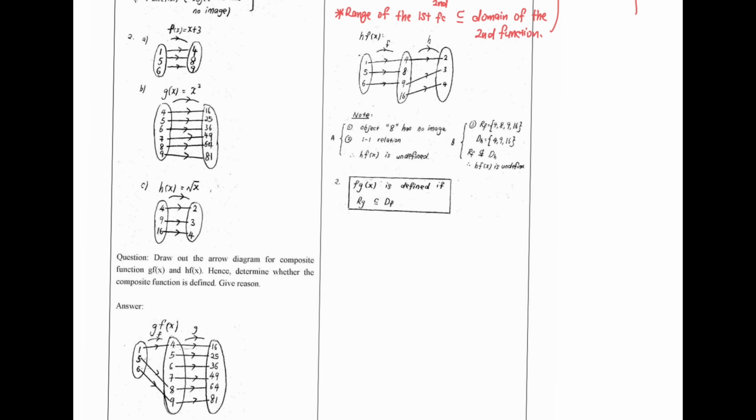So just a list. Composite functions. We already discussed how to check whether the function exists or not. So we need to know how to find a composite function also. This one we learned before in the lower level, maybe in STPM, so I think you should have learned it before.